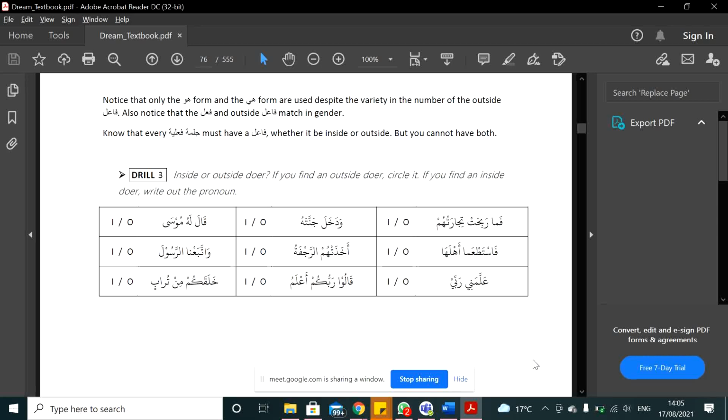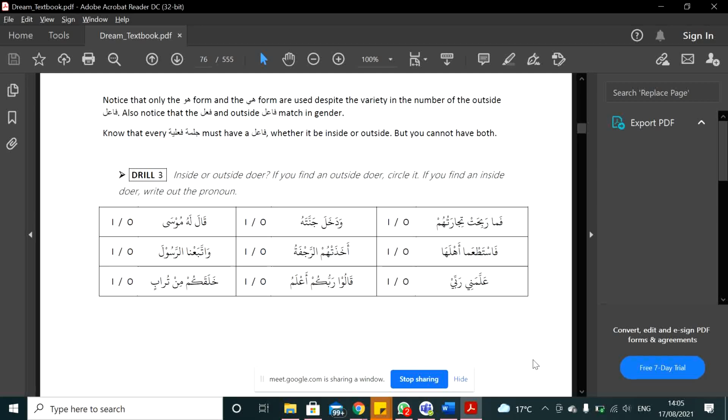If we have an attached pronoun after a fail, it is always a detail, which we have not studied yet. So Sister Lippy just moved forward and found Ar-Rajafatu as the outside doer of akhazat. Don't get confused. Inshallah we will do the details tomorrow, so hold your question till then.